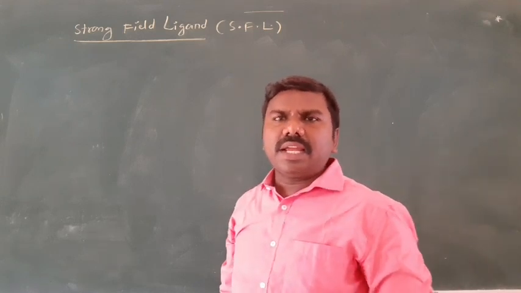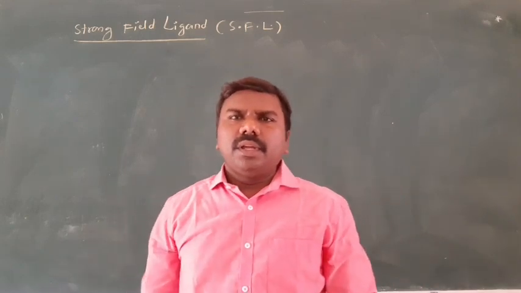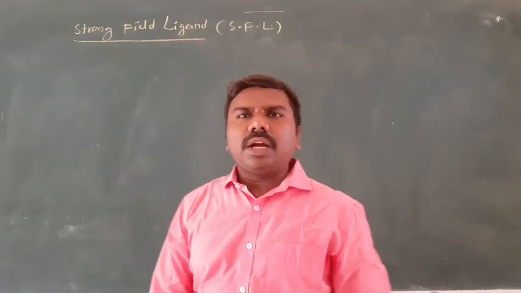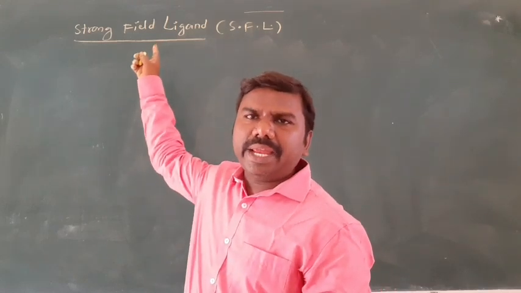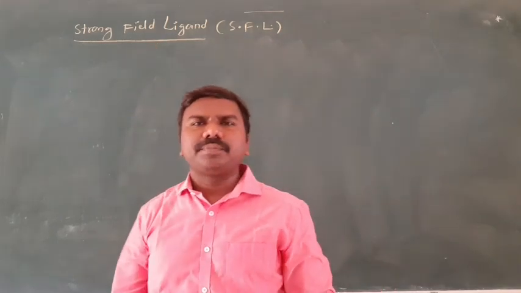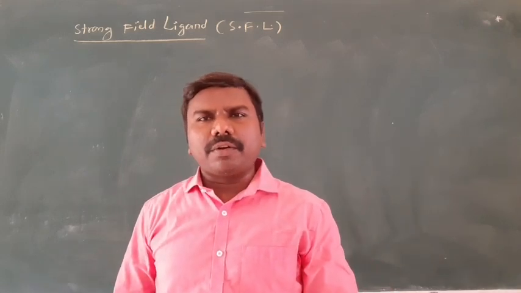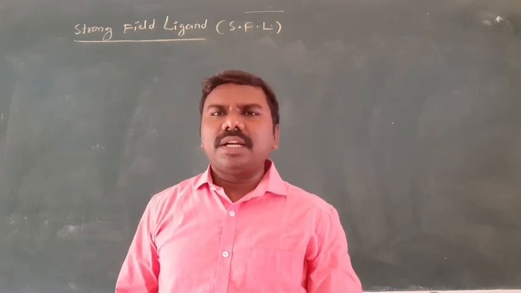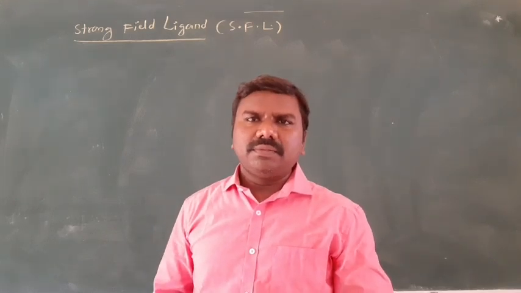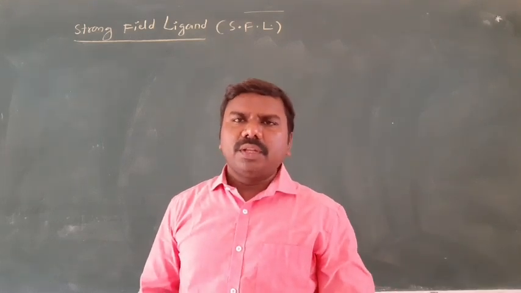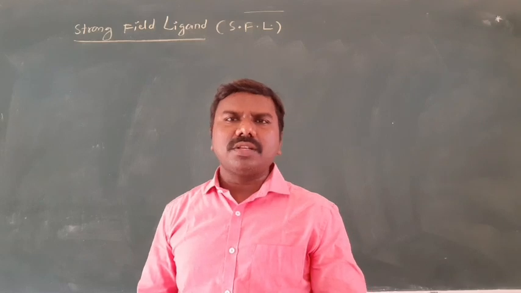In presence of some ligands, when attached or bonded to the central metal atom, the electrons in d orbitals of the metal will be paired because of the ligand effect, called strong field ligand. In presence of some ligands, there is no pairing of electrons in the central metal atom d orbitals. So the configuration is as it is with that of a normal metal atom. Those are called weak field ligands. Pairing is there by a ligand, that is called strong field ligand.